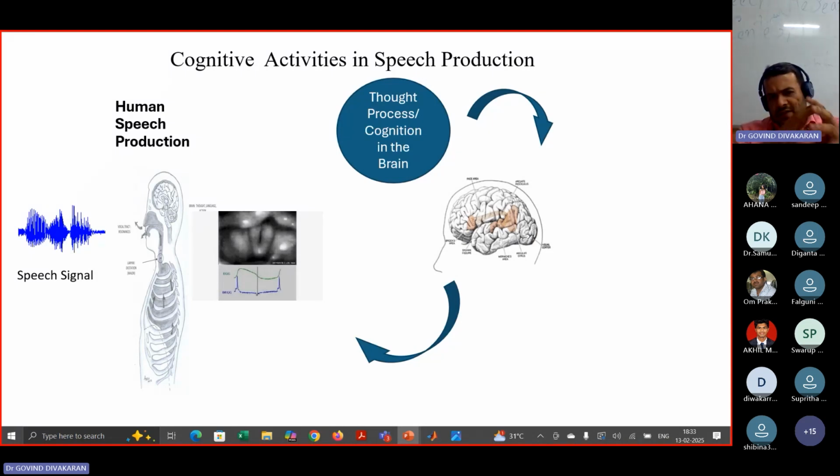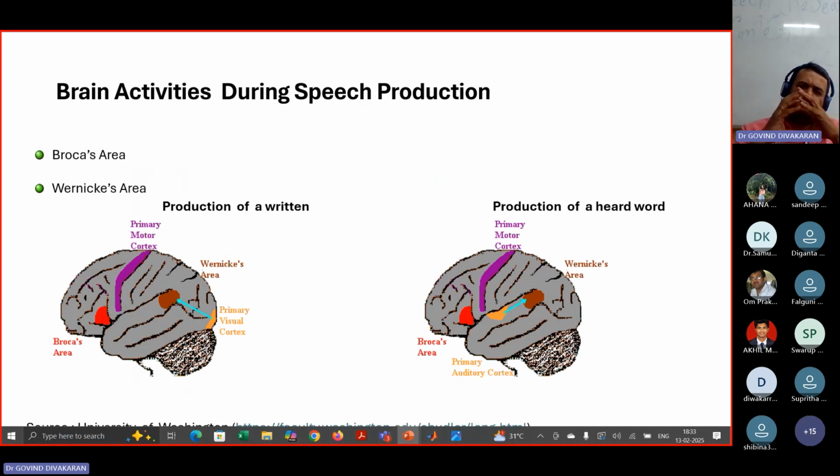This cognition part is very, very important when you are working with dysarthria or patients with voice impairments. So let us see what is happening there. Coming to the brain, these are the basic components in your brain which are responsible for speech production.